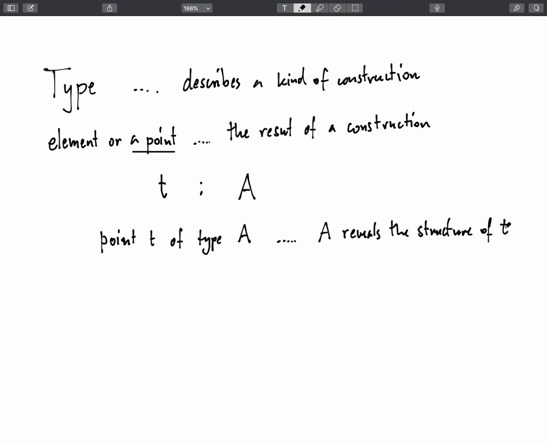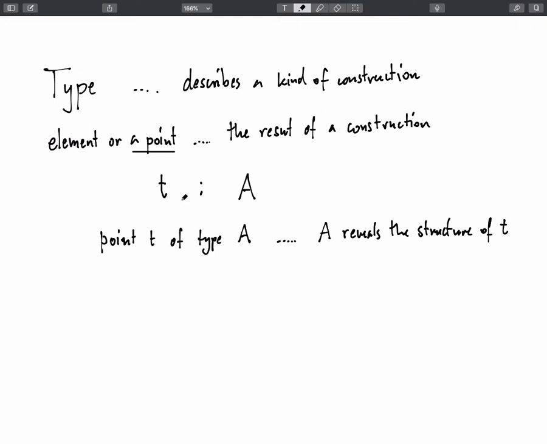Yes? So, a point is this object together with the type? Can a point have different types? No. That's a very good question. The answer is no. A point always has an associated type because a point is always constructed according to the rules of some type. And so when you use those rules, it automatically lands in that type.